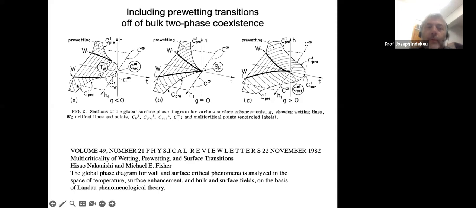So suppose you have a minus phase in bulk and the plus phase is nowhere near, but you put a positive surface field. Then the surface will have some propensity, some eagerness, if you like, to develop a small plus layer near the surface.